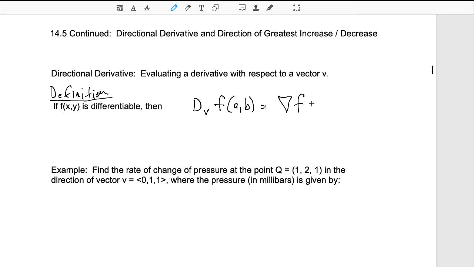So the gradient of f evaluated at the point (a, b), and we are dotting that, of course, because the gradient is a vector, with the given vector, which is some vector, of course.